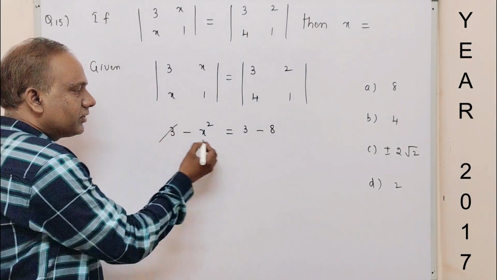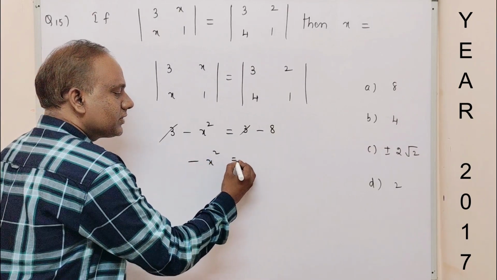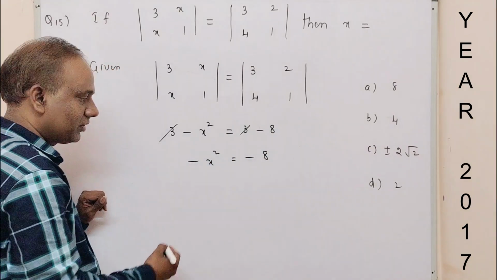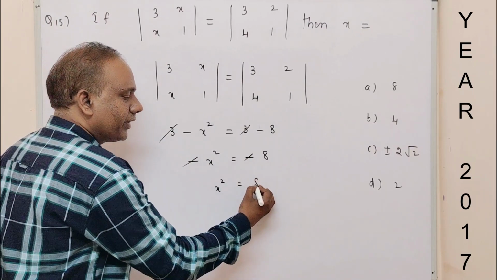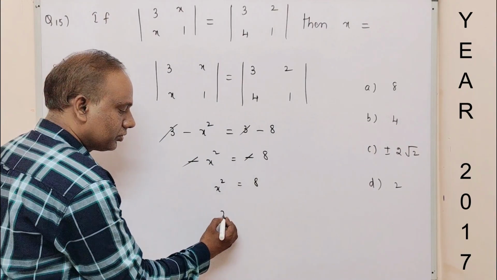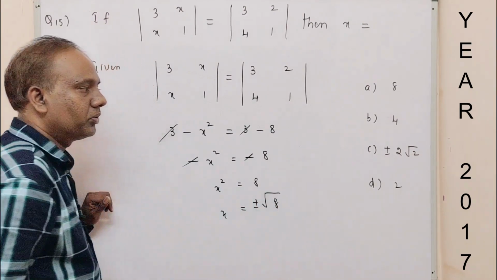Now plus 3 and plus 3 cancel, remaining minus x square is equal to minus 8. So minus minus also cancel. X square is equal to 8. So x is equal to plus or minus root 8.